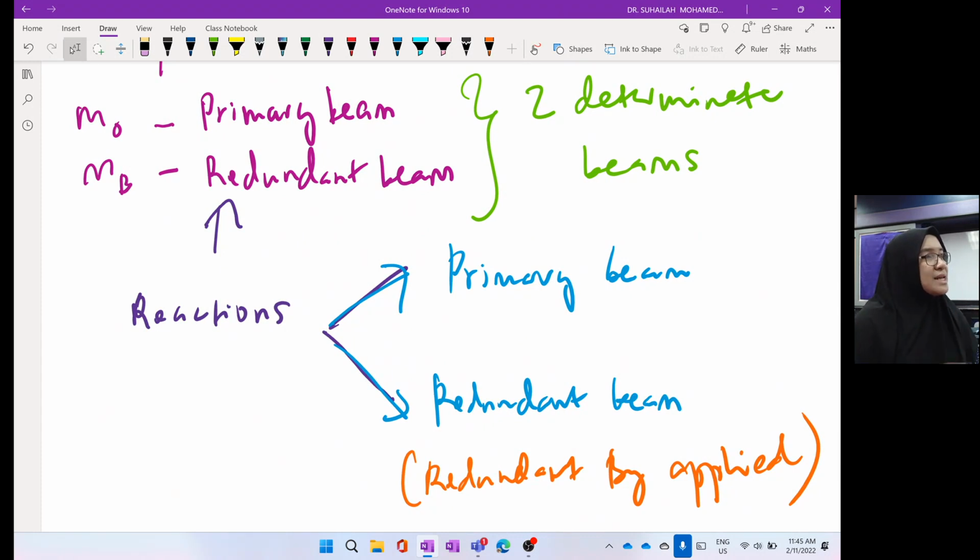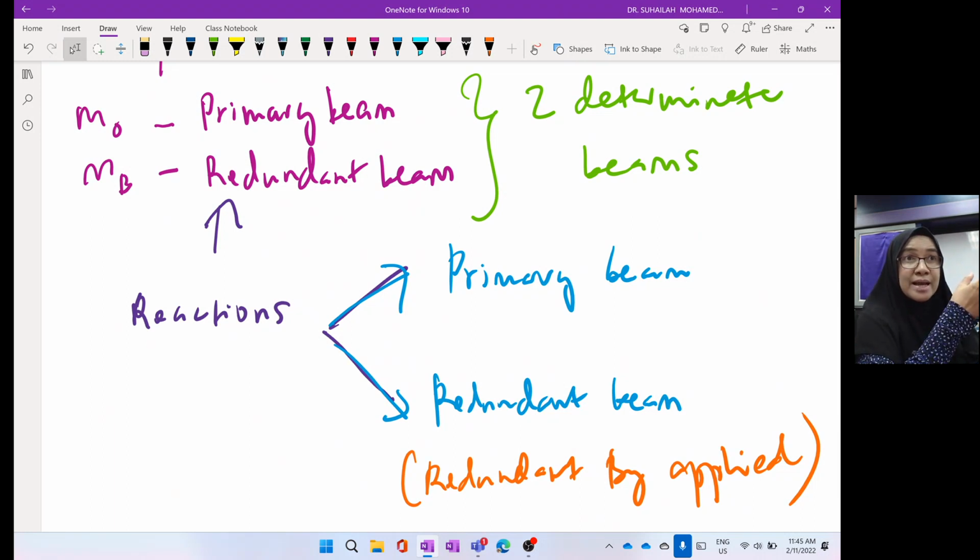Because in structural analysis, in summary, what is structural analysis? What are the outputs in structural analysis? When we do analysis, number one, we are calculating reactions. With reactions, we continue to calculate internal forces, including the moment equation.